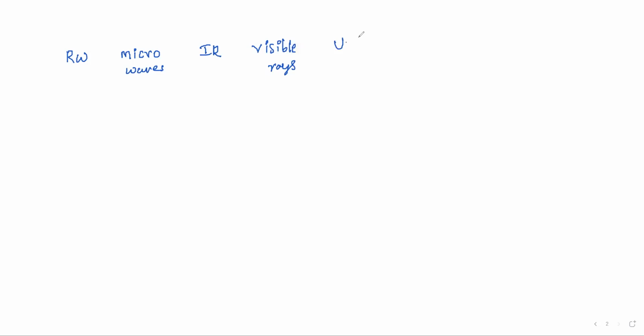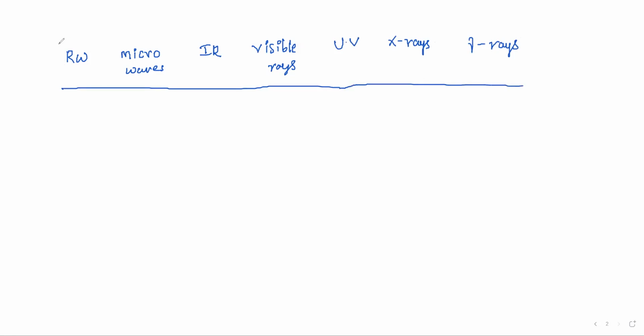And next UV rays, X-rays, and gamma rays. Okay. These are decreasing wavelength from left to right. Left to right wavelength decreases. Obviously frequency increases.